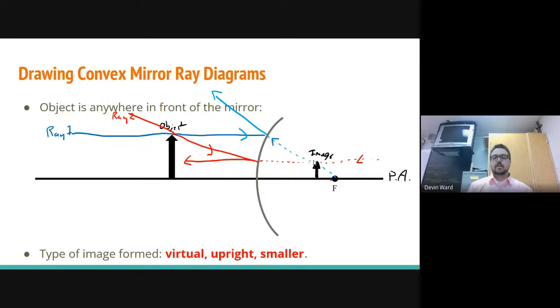So the type of image formed is virtual, upright, and smaller. Okay, so this is true for anywhere in front of a convex mirror. Okay, all convex mirrors are going to make small virtual images that are upright as well.